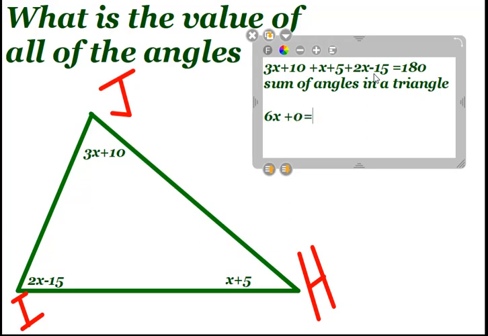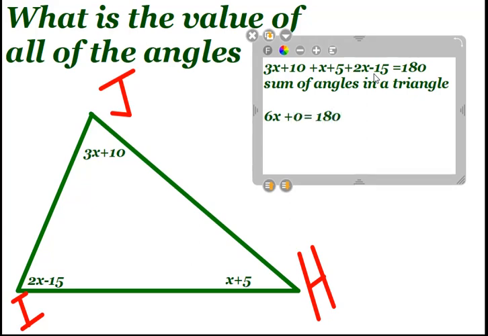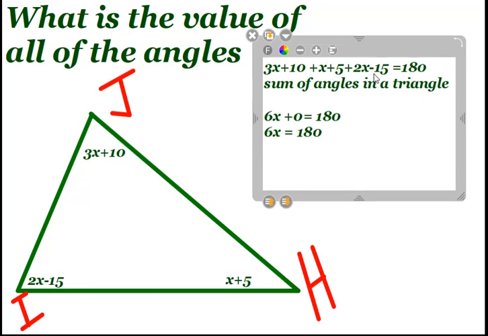So plus 0 is equal to 180. And we have that 6x is equal to 180 degrees. And if we say 180 divided by 6, we get that x is equal to 30.